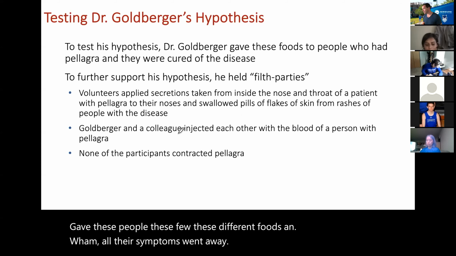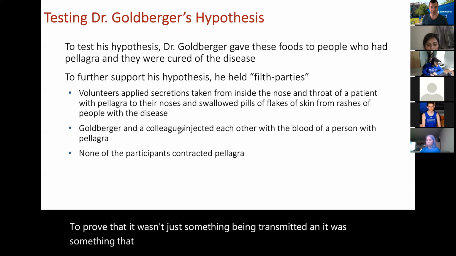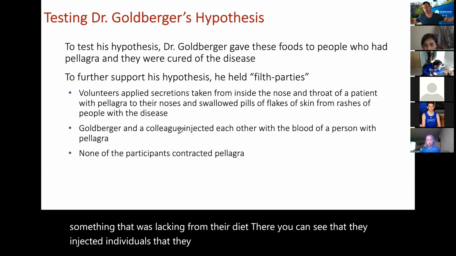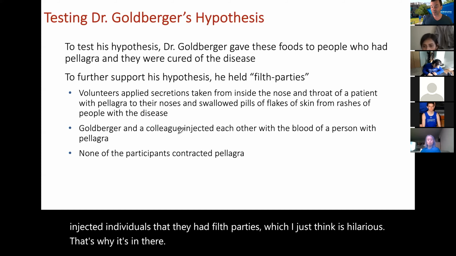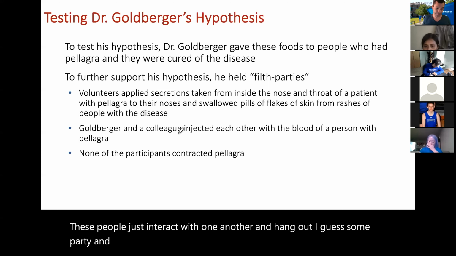To prove that it wasn't just something being transmitted and it was something that was lacking from their diet, you can see that they injected individuals, that they had filth parties, which I just think is hilarious. So that's why it's in there. Allow these people to just interact with one another and hang out, I guess, and party and filth. I don't know.